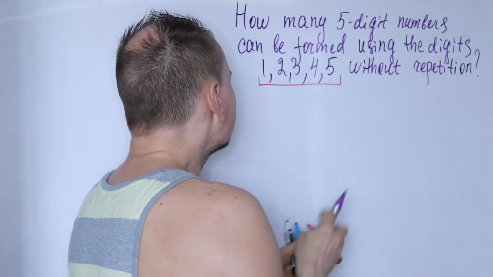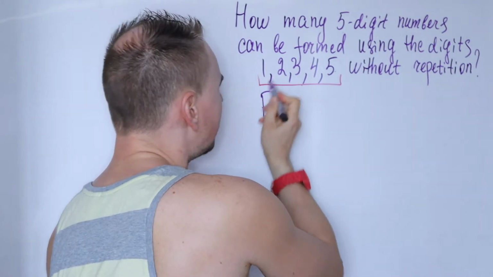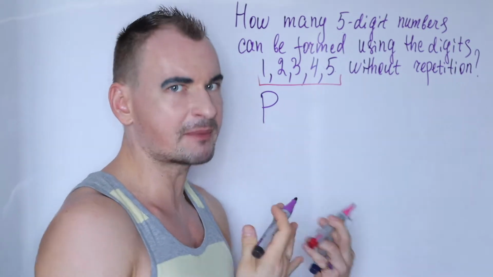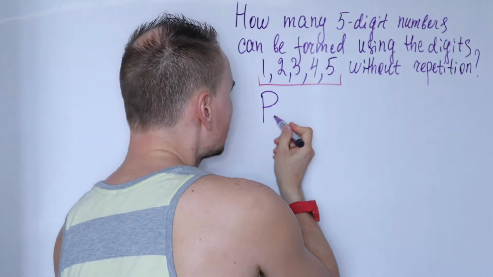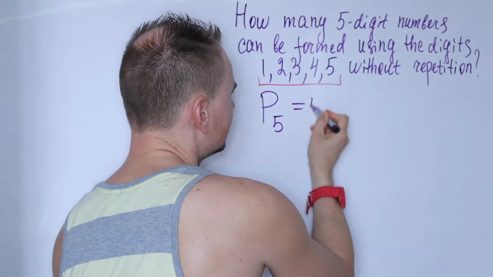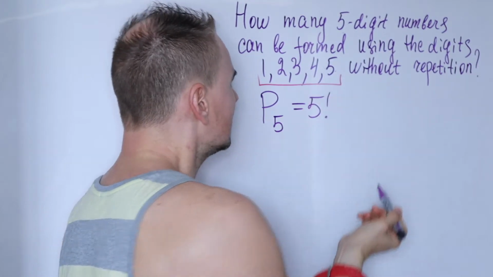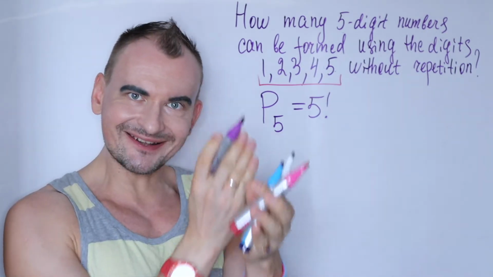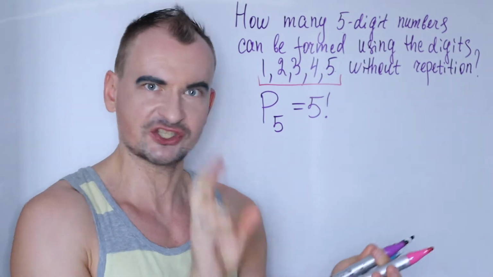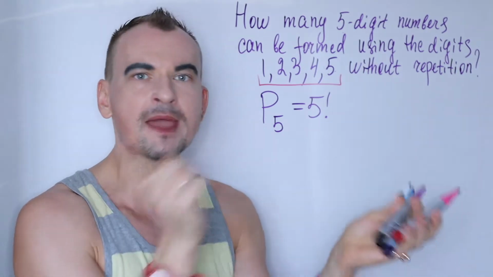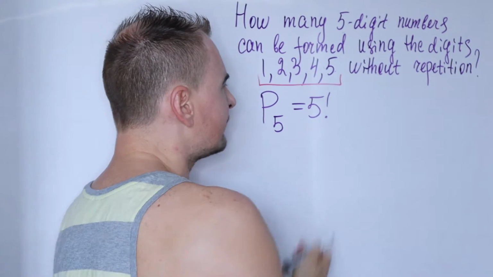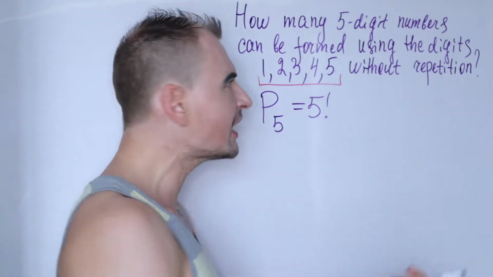The total number of all these permutations is going to be P5, which is 5 factorial, since I have 5 digits and all I need to do is rearrange them in a particular order, just by swapping them around.